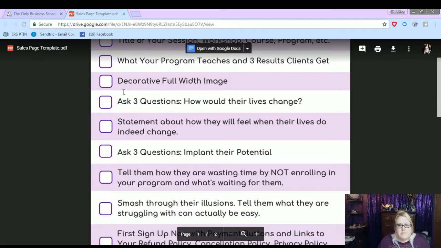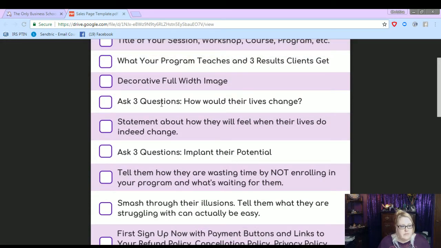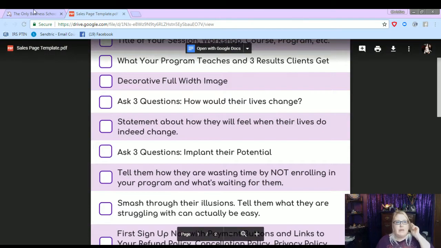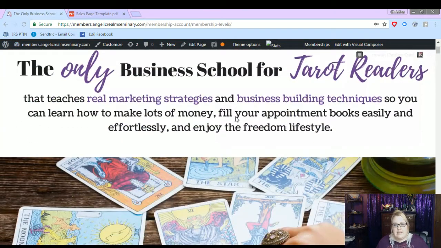And then the next part, you want to ask three questions. You want to ask them, how would their lives change? Okay, so in the very first beginning, we kind of paint this picture of what their life could look like. So the picture that I've painted is someone who has money in the bank, someone who has a full book of appointments, and someone who is having the freedom lifestyle, which could be that they're at their kid's game and they're doing a reading on their phone through the hotlines.